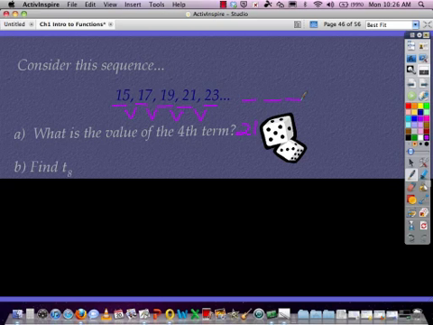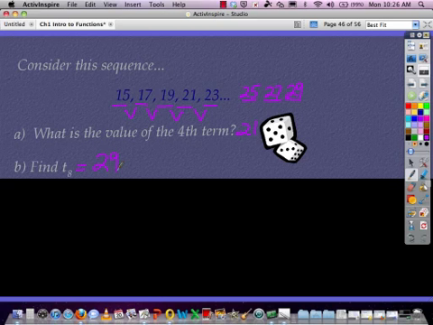And not too hard, hopefully, to see that the constant difference is 2. So I believe 2 added to 23 would give us 25. 2 added to 25 gives us 27. And 2 added to 27 gives us 29. So we would say, find t sub 8. T sub 8 is 29.